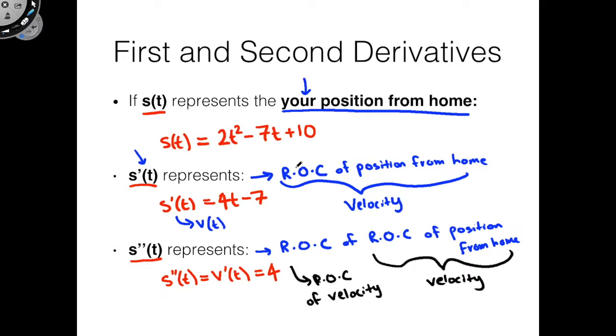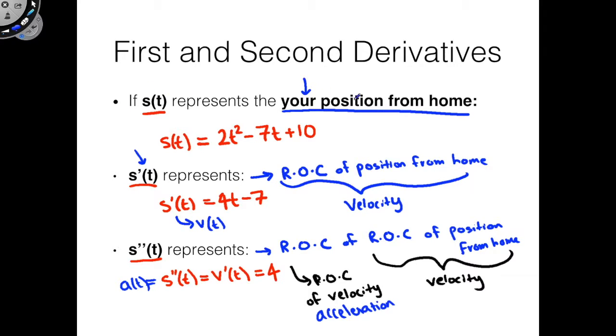And a rate of change of velocity is simply acceleration. And that is denoted by A of t.